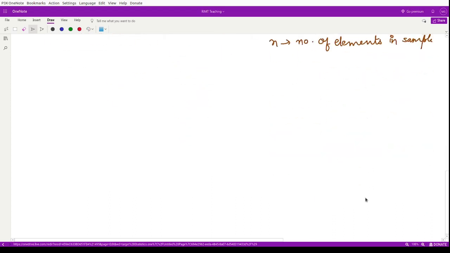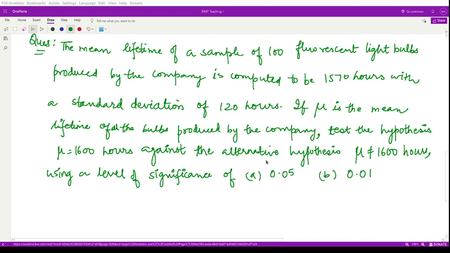So let me write down the statement first. The question says that the mean lifetime of a sample of 100 fluorescent light bulbs produced by the company is computed to be 1570.